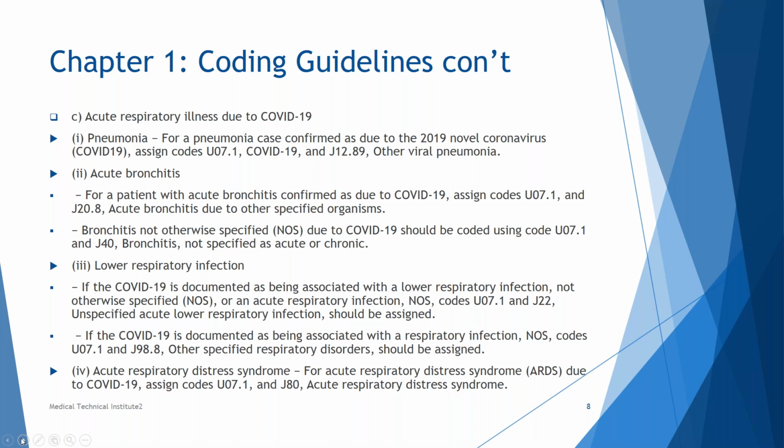So for pretty much all of these, you're going to code the COVID first, and then you're going to use whatever their associated manifestations are thereafter. As long as it says due to, the physician has to definitely tell you that whatever associated manifestations they have are due to the COVID-19.